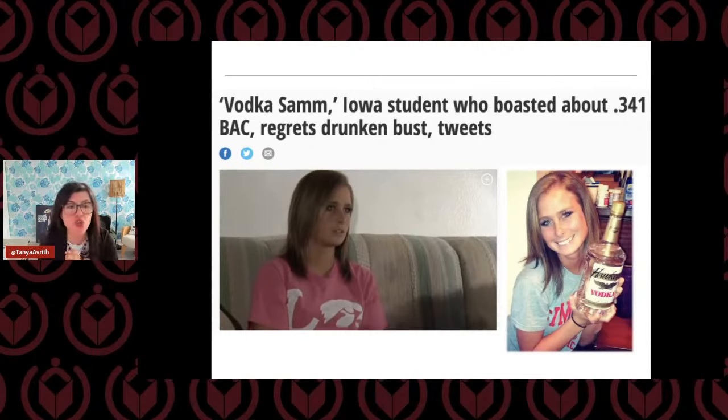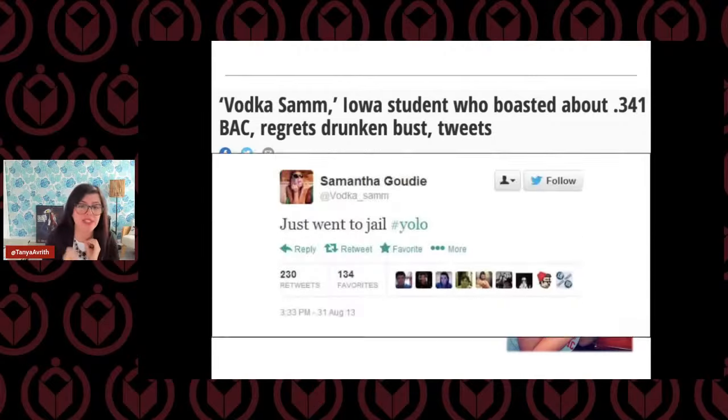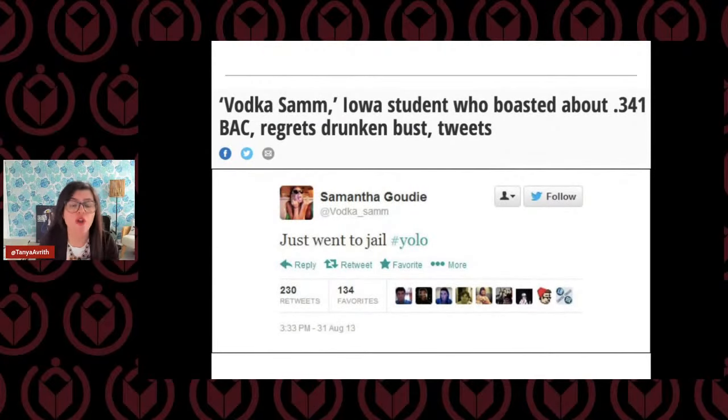And as a college student, she made a huge mistake, and that mistake will haunt her for the rest of her life. And I don't do this to upset anyone or to put her in a bad light, but the reality is this could be any one of us. It could be me, it could be you, it could be anyone. We could have a bad day and make a mistake, and that mistake goes on forever.